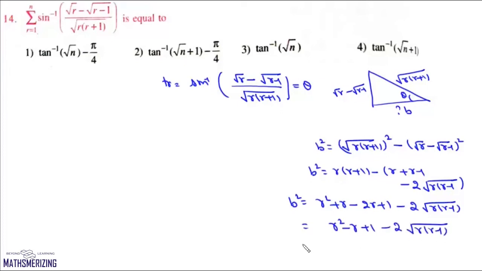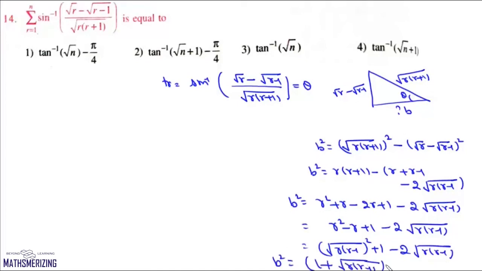So it will be actually (under root of r minus 1) whole square plus 1 minus 2 under root of r into (r minus 1). So we can write this b square as (1 plus under root of r into (r minus 1)) whole square. So this b is actually 1 plus under root of r into (r minus 1).